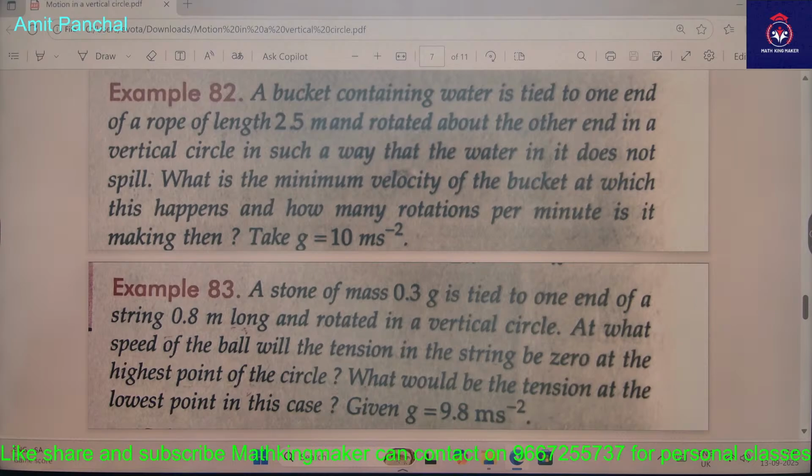So now I put it in the formula. Omega is equal to 2 pi f, right? 1 by pi is equal to frequency.